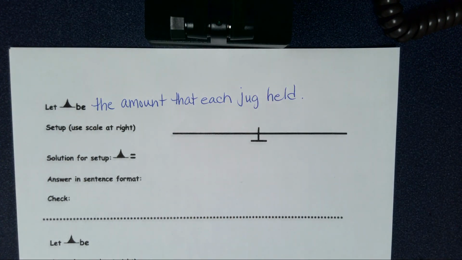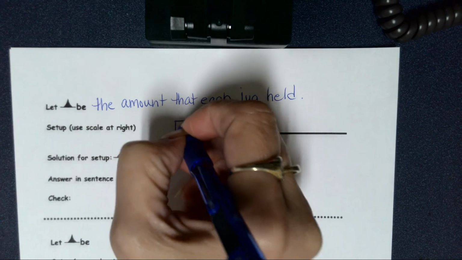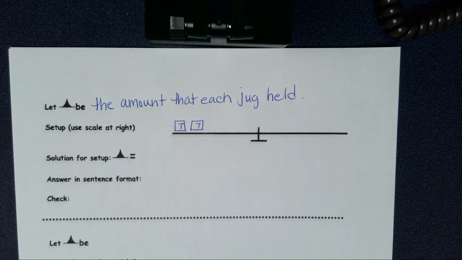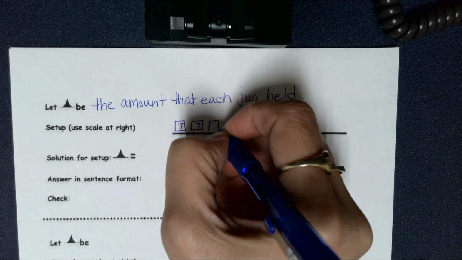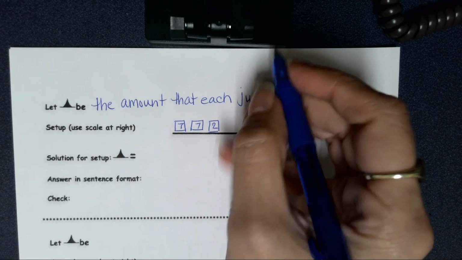Okay, and our setup. So Bill had 2 water jugs that each held 7 gallons. So I know that each of those is 7, and there's 2 of them. Tom had 1 jug that held 2 gallons. We know how much that is, so we're going to write that in as 2. And then 3 others that held equal amounts.